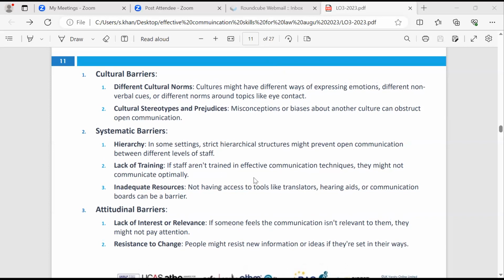Systematic barriers, and that's things like the hierarchy. In some settings, strict hierarchical structures might prevent open communication between different levels of staff. What do you think that can be?